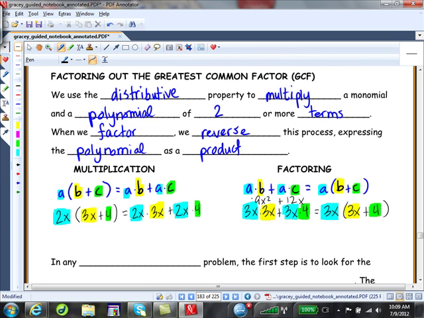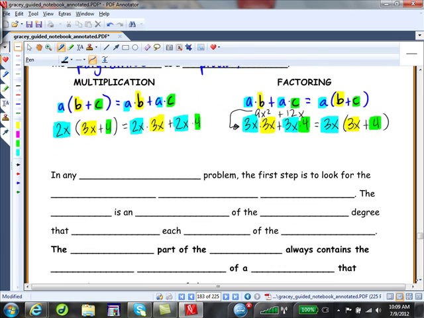So you would take this and write it like that. But in order to do that, you have to learn what my greatest common factor is. Okay, so let's check it out. In any factoring problem, the first step is to look for the greatest common factor.